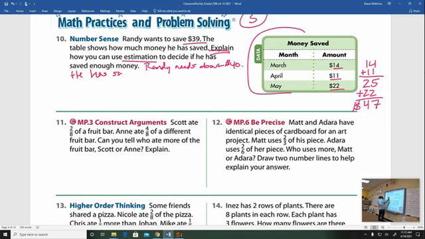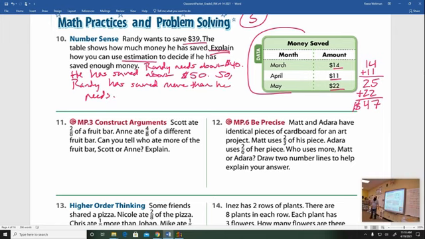He has saved about $50. So, Randy has saved more than he needs. Does that make sense? We rounded. We're estimating. We said Randy needs about $40. He saved about 50. Does that make sense, guys? Do you see what I'm saying here?